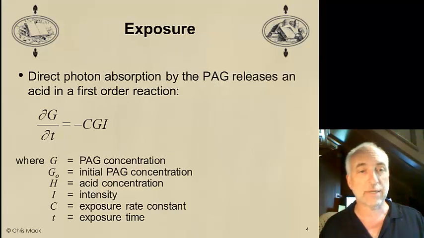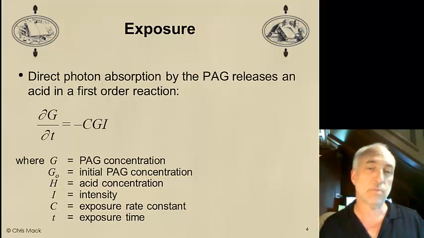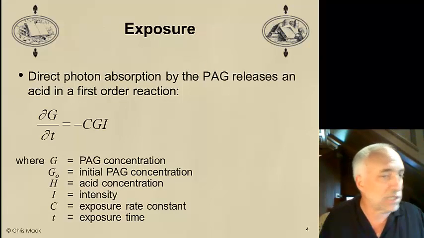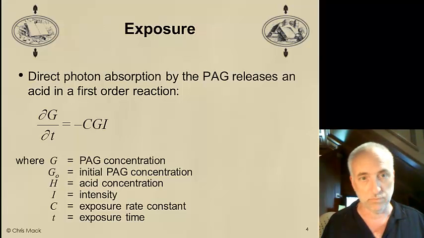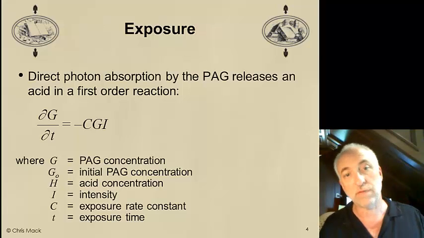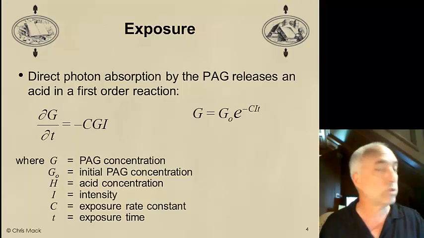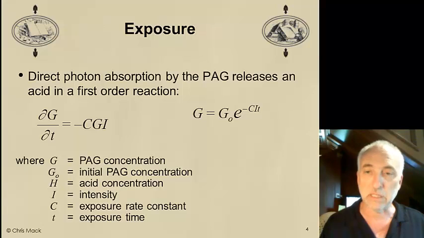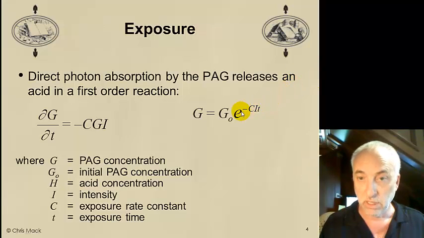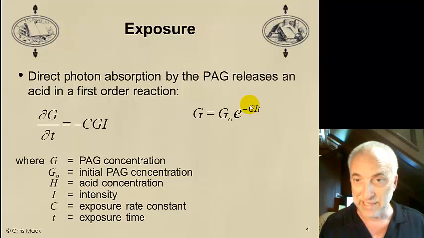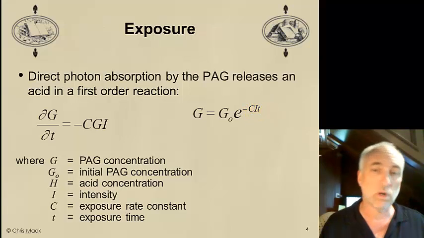So we give the letter G to represent our PAG in this case, but other than that, the reaction is standard, simple, first order. If the intensity of light is constant with time, I can integrate that equation just as we did before to get this exponential. Notice that we have the same rate constant C that we talked about before, and I times T, or the exposure dose, as we spoke about before.